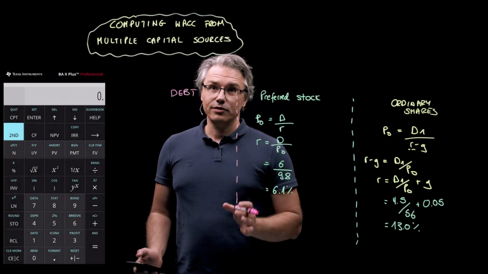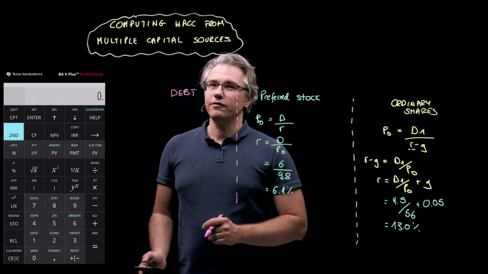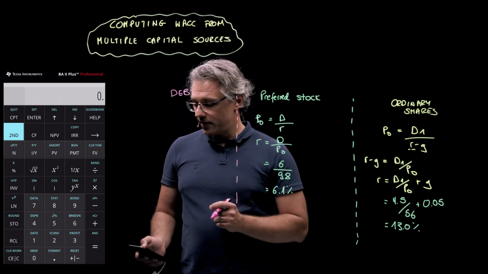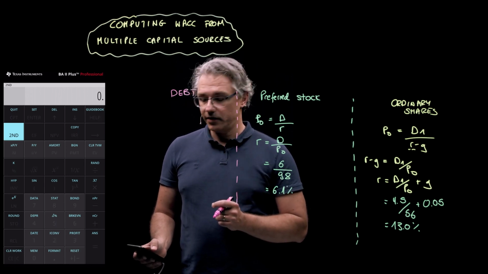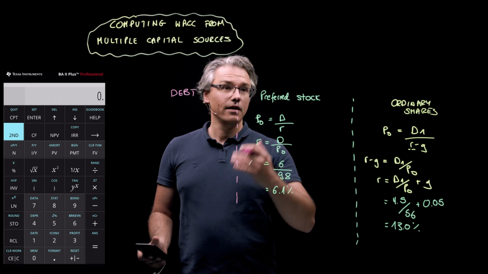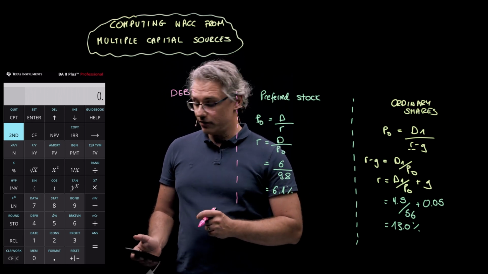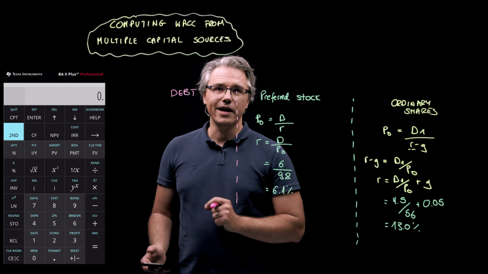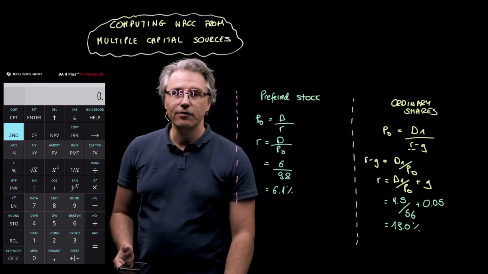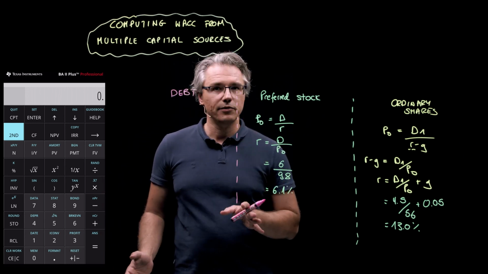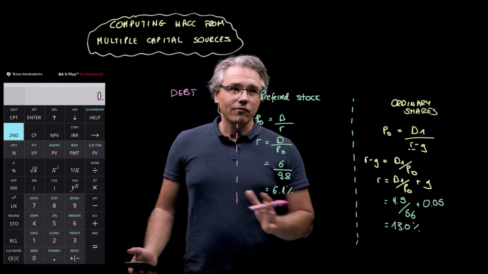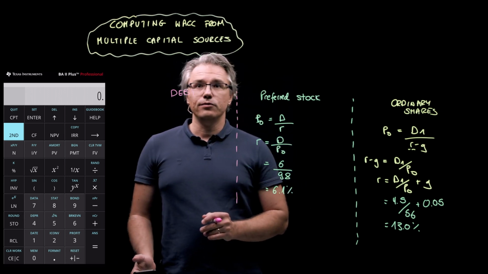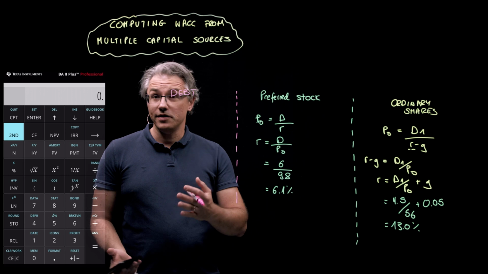Always remember to clear the TVM worksheet first. We do this by pressing second followed by FV, where FV has the secondary function clear TVM. And now we are ready for the actual inputs. It doesn't matter what order you provide these inputs in.